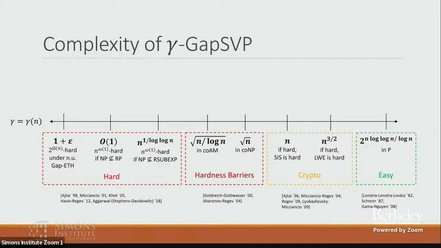And if you're willing to make a stronger hardness assumption, either some variant of ETH or that NP is not contained, say, in sub-exponential time, then you get better fine-grained hardness or better hardness of approximation. So we have exponential hardness for near-exact SVP, and if you make a stronger hardness assumption, then we get stronger hardness for near-polynomial approximate SVP.